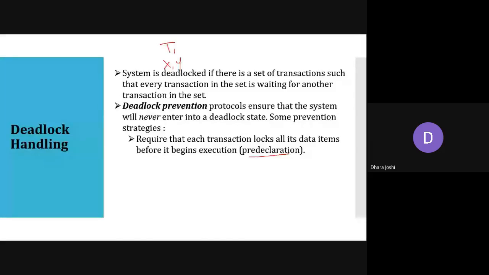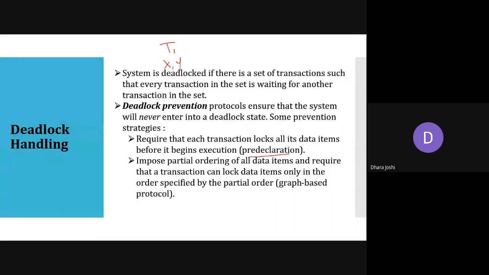The second possibility is to impose a partial ordering on all data items and require that a transaction can lock data items only in the order specified by the partial order. So we follow the graph-based protocol here. Suppose this is the T1 transaction, and after that we have the T2 transaction. That means T1 should occur before T2.